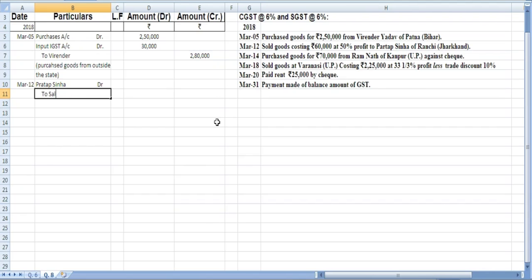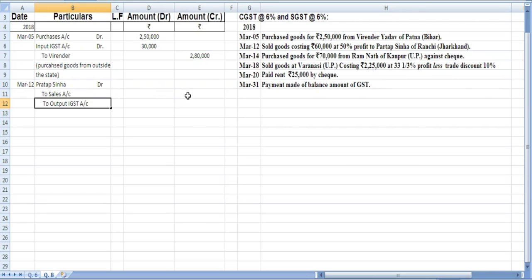to sales account, and then this is again outside the state, so it will be to output IGST account.